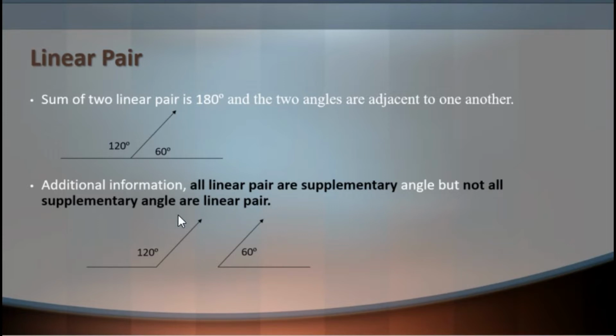Another additional piece of information is that all linear pairs are supplementary angles, but not all supplementary angles are linear pairs. Suppose that we have an angle separated, not on the same line, like we can see above. They are not called a linear pair because they are not adjacent to one another. So this is a good thing to know.